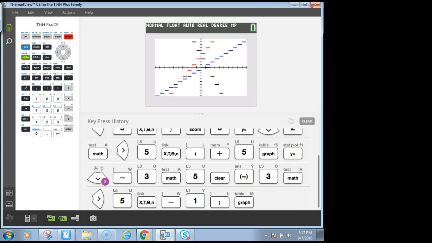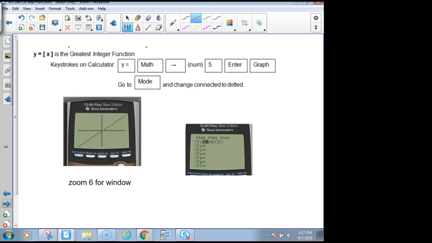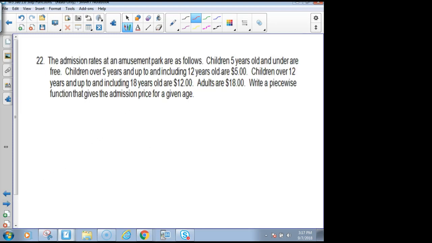Okay, last thing on the paper is we are going to write a step function. Well, we're going to do a piecewise function for this admission rate. The admission rates at an amusement park are as follows.